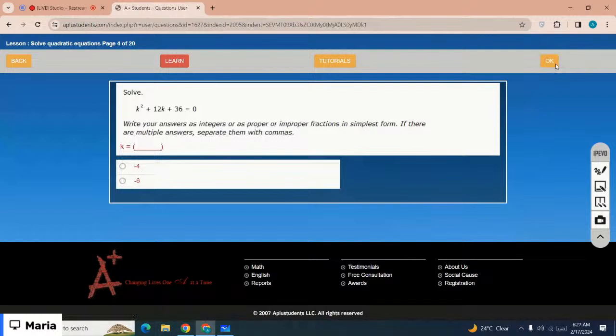Okay, the next one is k square plus 12k plus 36. So solve the question and write the correct option in the chat box.